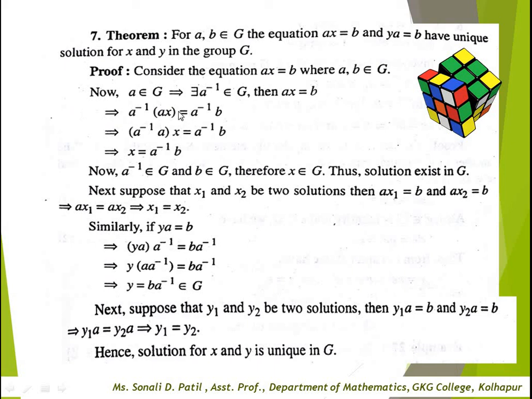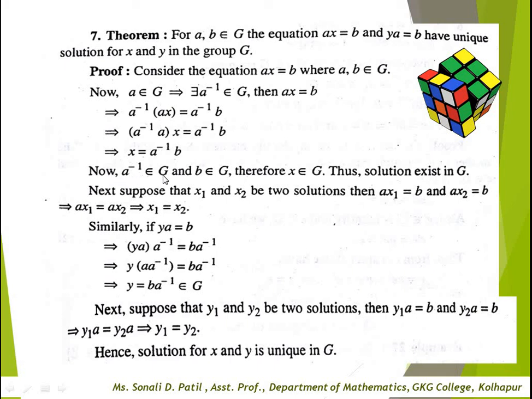By multiplying by A inverse, what will we get? A inverse of AX is equal to A inverse B. Now by using the associative property, (A inverse A)X is equal to A inverse B. Next step, using the inverse property, A inverse A gives the identity element E. So next step, what can we write? EX is equal to A inverse B. Now by using the identity property, what will we get on the next step? It implies that X is equal to A inverse B.